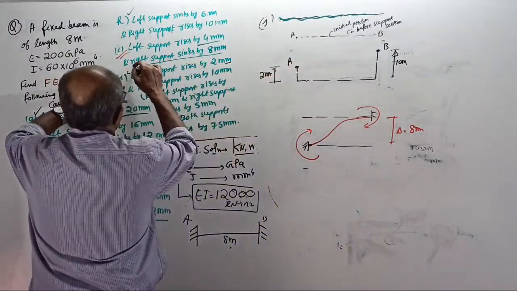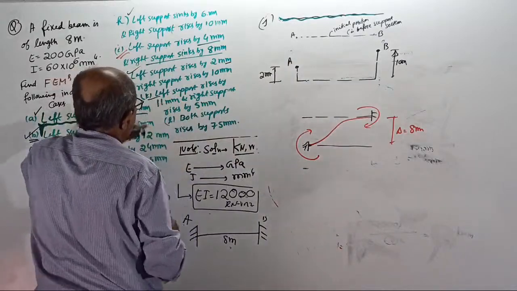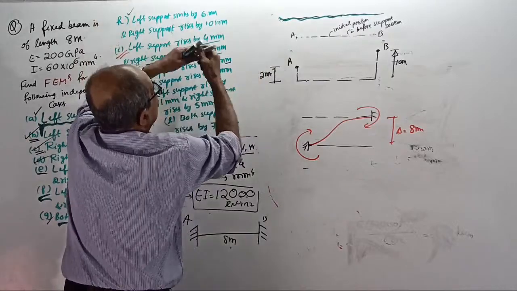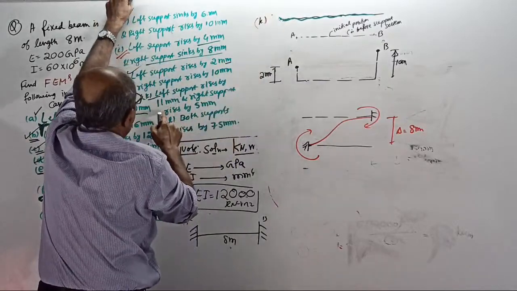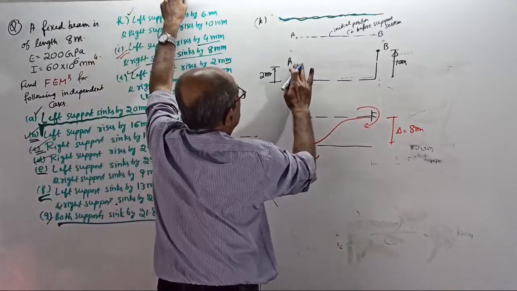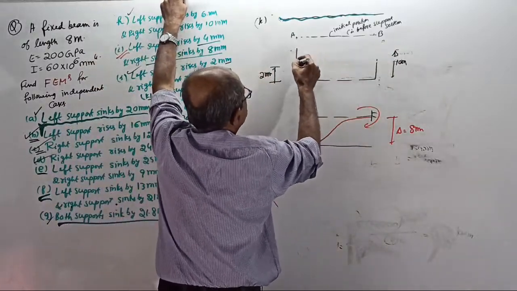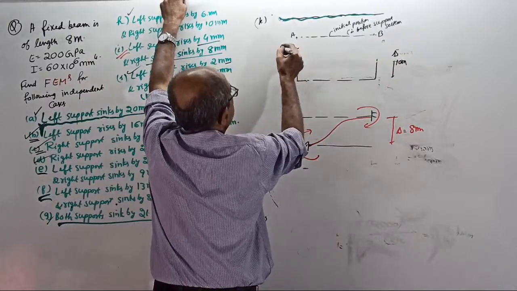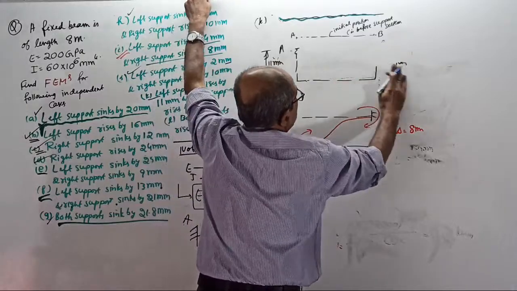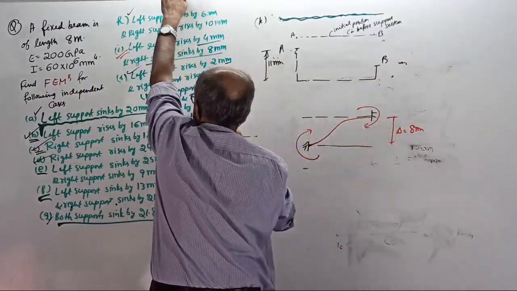J over, lastly, K. Left support rises by 11, right support rises by 5. Same way, see here. Left rises by 11, A goes here by 11. Right support rises by how much? 5 mm.